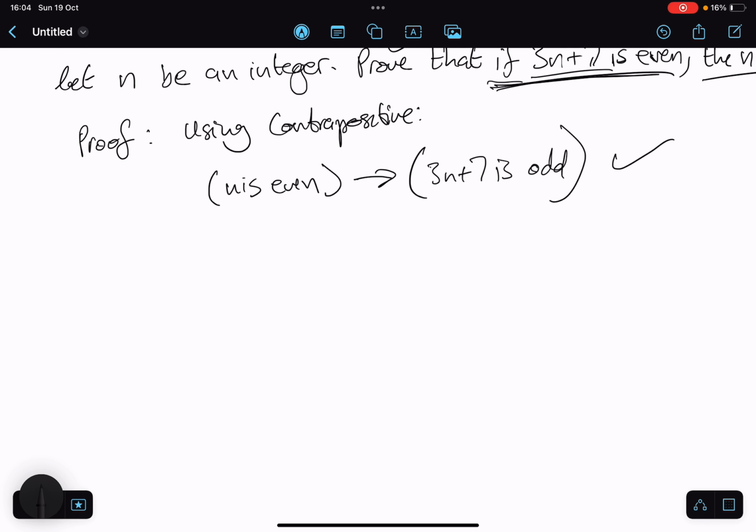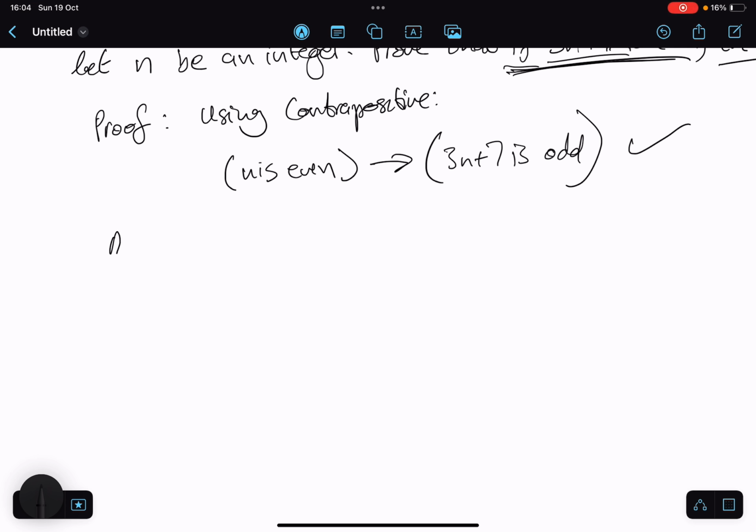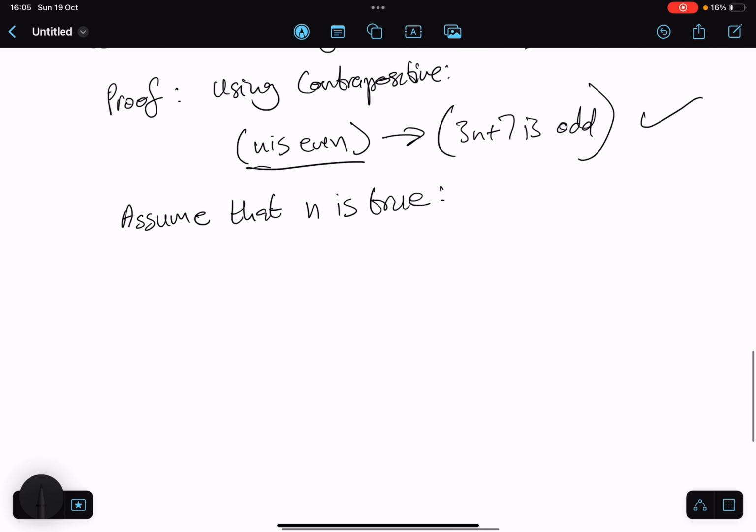So from here, with your proof, you make your assumption, your hypothesis. Assume that n is even. If we are assuming that n is even, we know that n equals 2k, where k is a member of all integers.